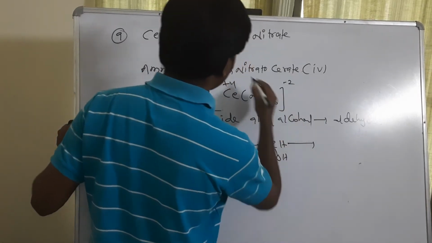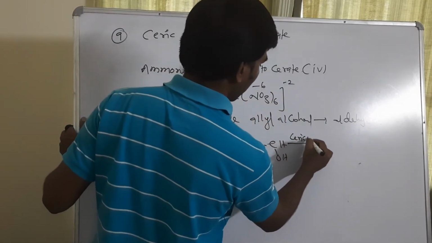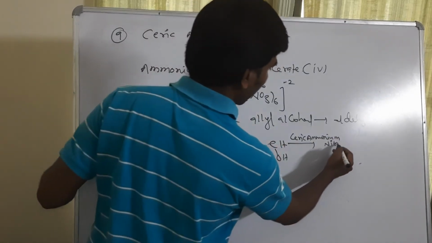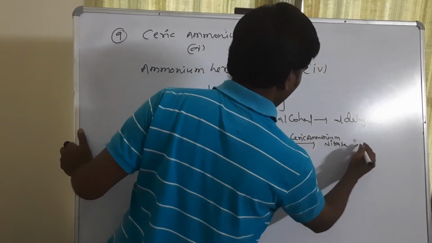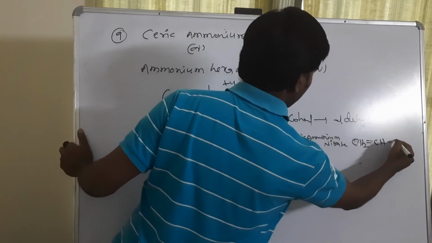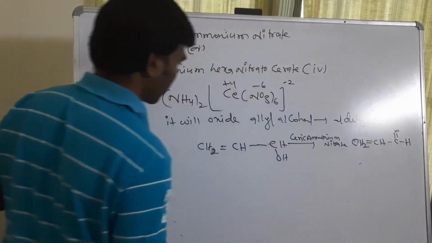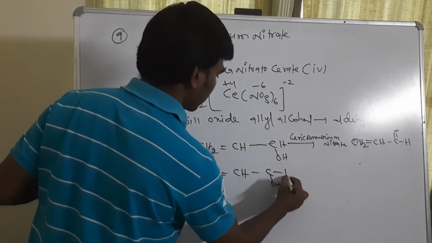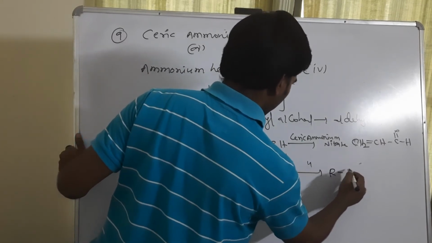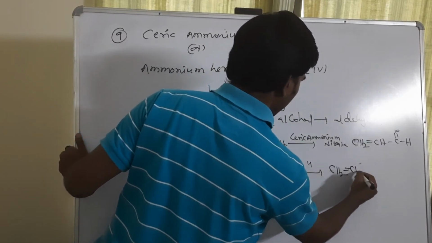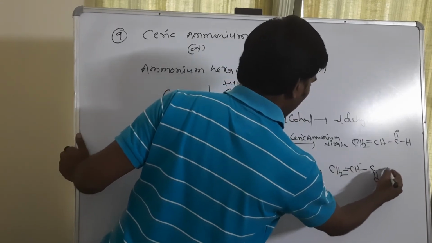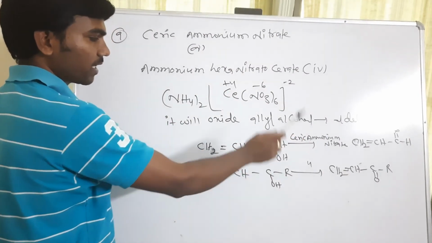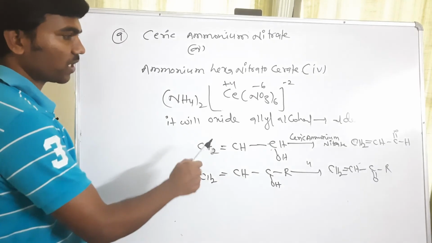If you are taking this reagent, ceric ammonium nitrate, in such case it is going to form CH2 double bond CH, C double bond O H. And if I am taking CH2 double bond CH, CHOH with R there, for example, the same reagent is going to form CH2 double bond CH, C double bond O R. Means if I am taking an allylic primary alcohol, aldehyde will come. If I am taking an allylic secondary alcohol, then ketone will come. This is the speciality of this one.